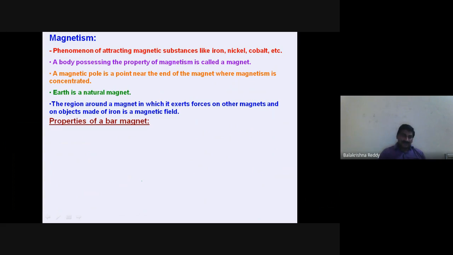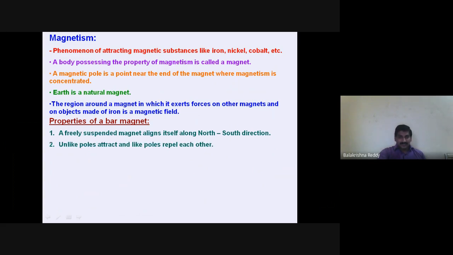Properties of a bar magnet. What are the properties of a bar magnet? A bar magnet is in the shape of a rectangle. It always has north and south poles, and since it has north and south poles, the north pole is attracted towards the south pole and the south pole towards the north pole.